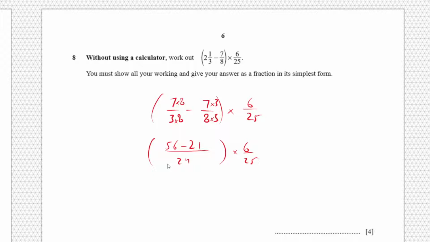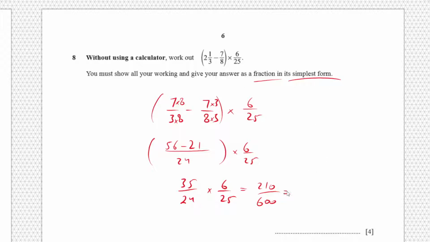Next, 56 minus 21 is 35. 35 over 24 times 6 over 25. Numerator multiplied with numerator, denominator multiplied with denominator. 35 times 6 is 210, and 24 times 25 is 600. I'm pretty sure we can simplify this further. It also says give your answer as a fraction in its simplest form.